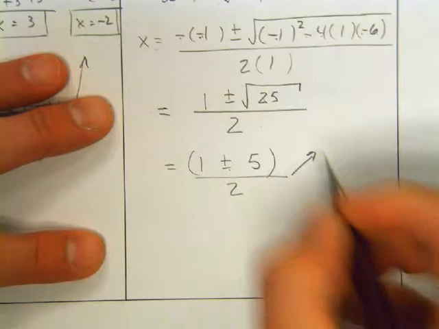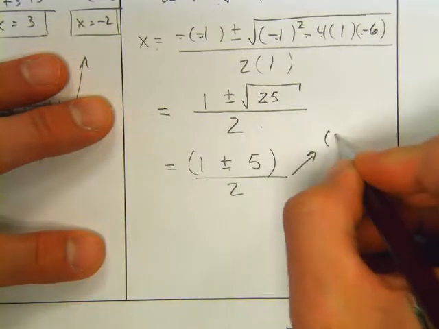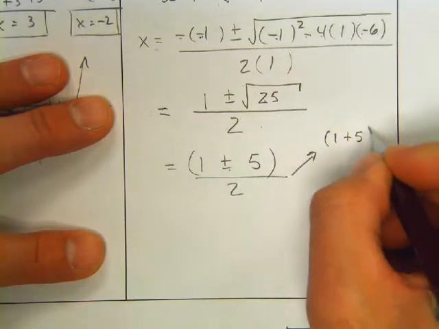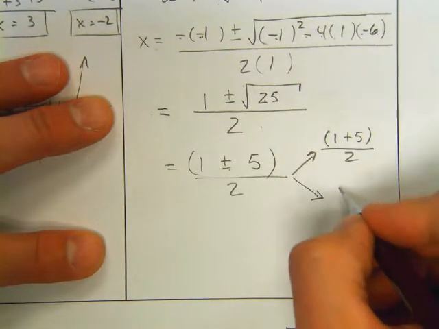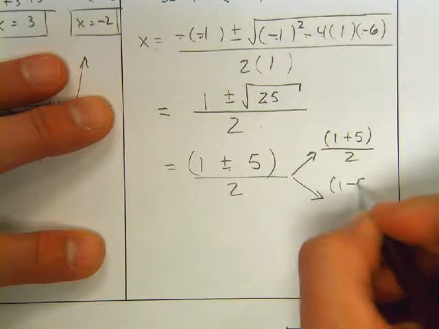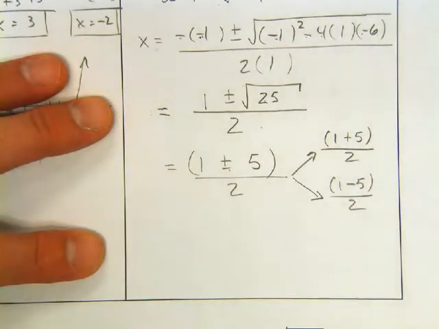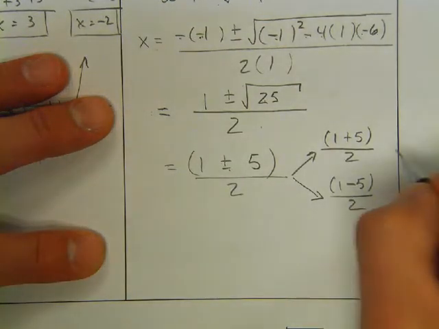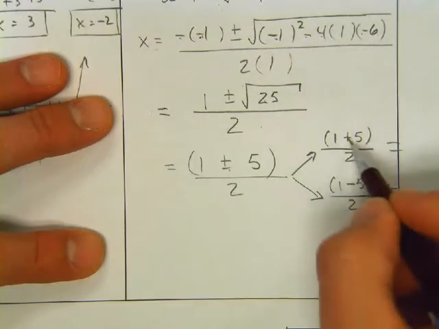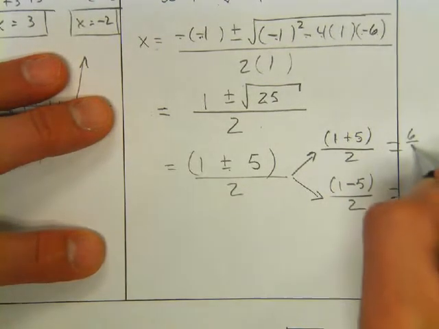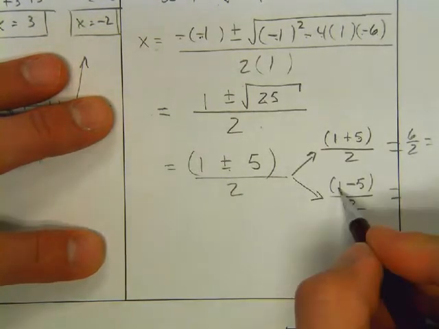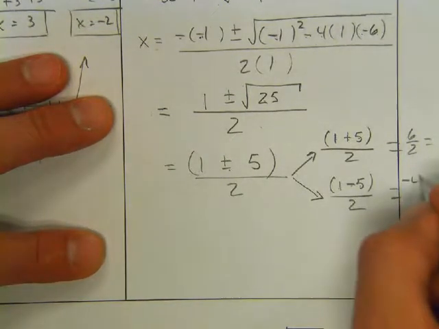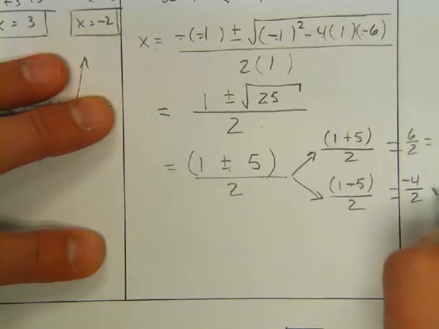The first answer is 1 plus 5 divided by 2. And the second answer is 1 minus 5 divided by 2. 1 plus 5 is 6, over 2 is 3. 1 minus 5 is negative 4, over 2 equals negative 2.